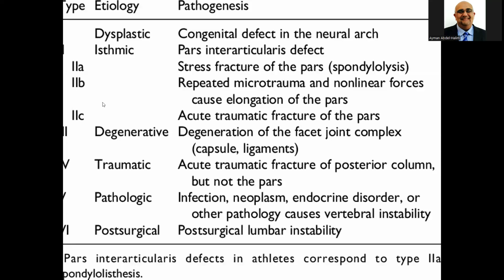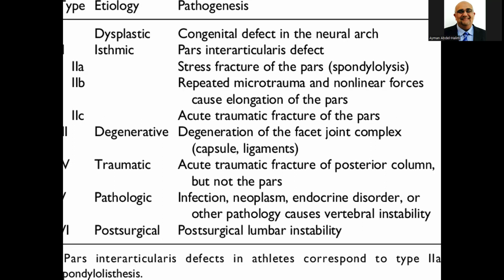These are different types of spondylolisthesis. The most famous one is the dysplastic, which is basically a congenital defect in the neural arch, what we just talked about, pars interarticularis defect.